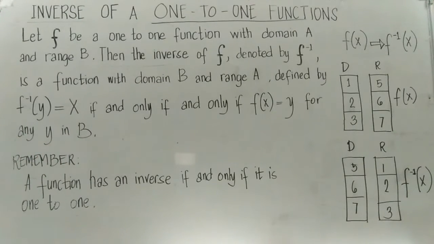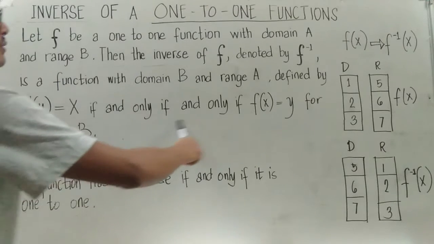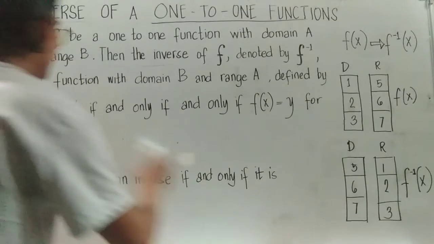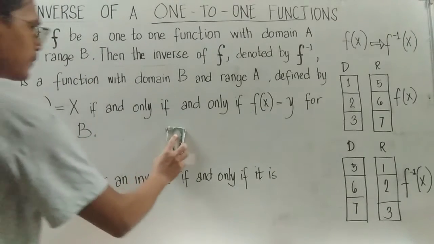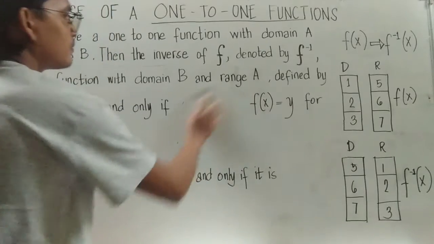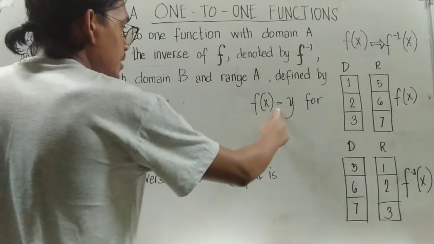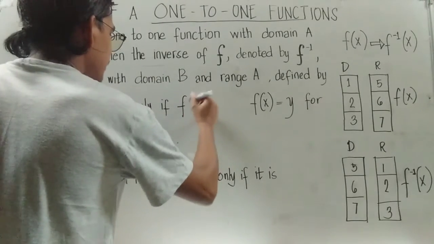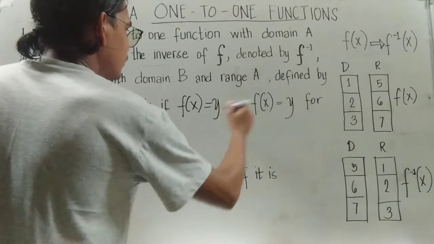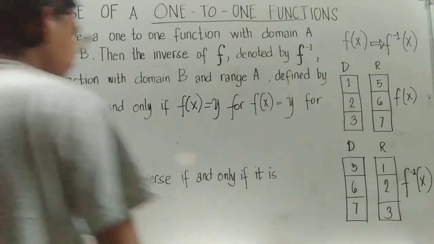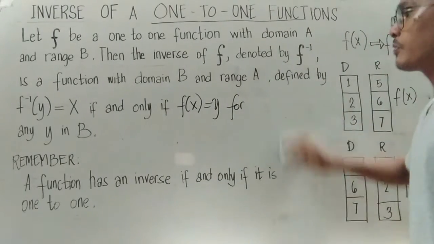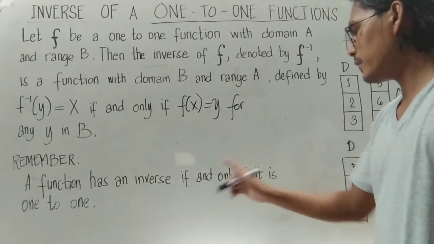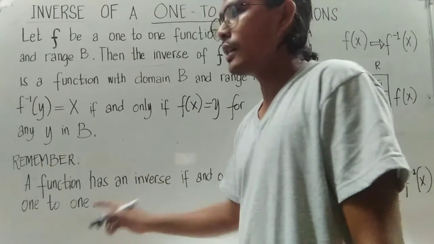I will explain it later. If and only if f of x is equal to y for any y in B. Then we should remember that a function has an inverse if and only if it is a one-to-one function.